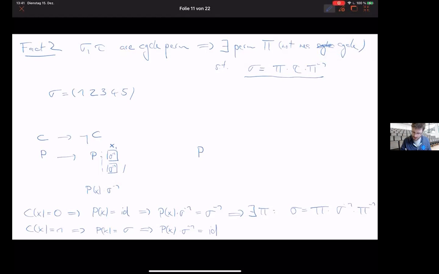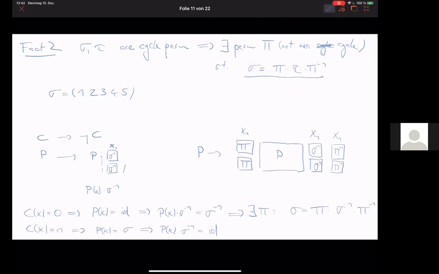I'm starting with P, and I'm going to map this into one that first, on an input x1, just multiplies pi, then does whatever P did, then does the branching program P. Now again, on x1, it computes this sigma inverse, and then again x1, but this can be anything, because this is the constant pi inverse, and that's it.